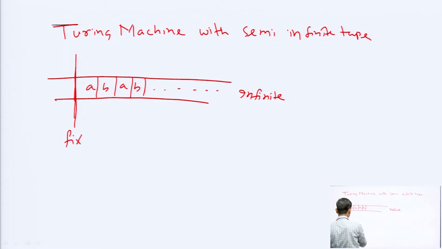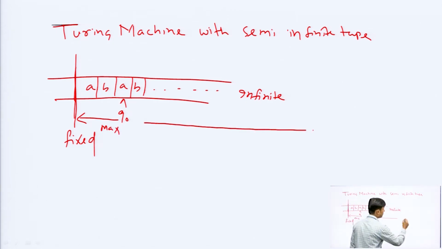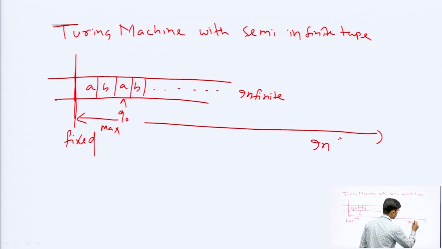Here we can move, suppose your head is here, suppose q0 head is here, you can go at most to this one, this is the maximum, and this side you can go to infinite, this is the infinite tape.